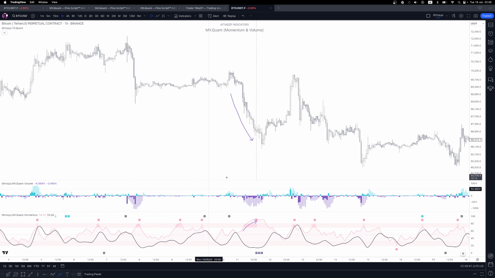What we can see is we get one more sweep of the low, which then immediately gets reclaimed, which also puts in a dual divergence across both the RSI and the momentum oscillator here. This is kind of your perfect setup, if you will, because you get that momentum shift prior to the divergence coming in with the reclaim and everything. So you have a ton of confluence here.